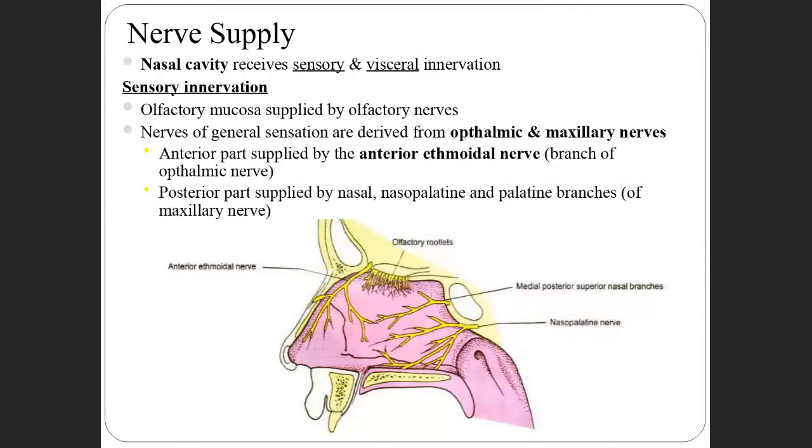Then the nerve supply. The nerve supply is the ophthalmic and maxillary nerves. The anterior part of the nose is supplied by the anterior ethmoidal nerve, and the posterior part is supplied by the nasal, nasopalatine and palatine branches of the maxillary nerves.